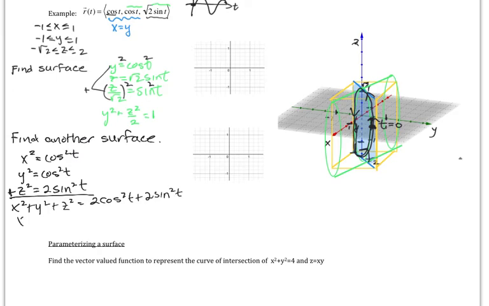And if you factor out that 2, you'll be left with the cosine squared plus the sine squared is 1. And so what you have here, my picture's already kind of got a whole lot going on, but what you have here is a sphere of radius square root of 2.